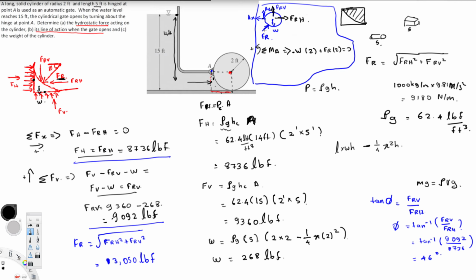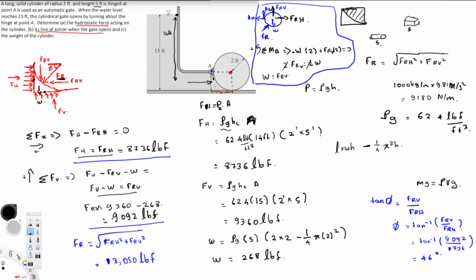FR is divided as FRV and FRH, so we don't have to separately do this. So from this, 2 FRV is equal to 2W. We can cancel 2 and 2, therefore W is equal to FRV.